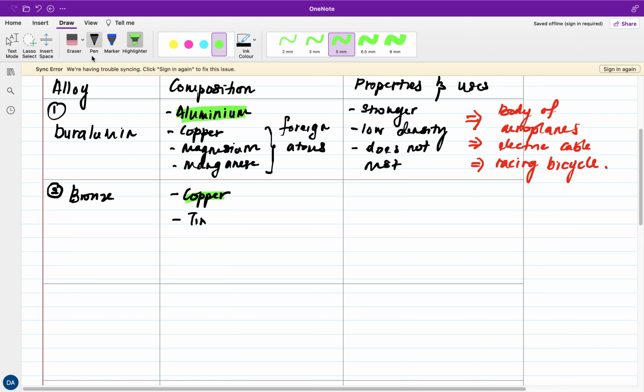So the properties of bronze will be: it is stronger, does not rust, and it is shiny.